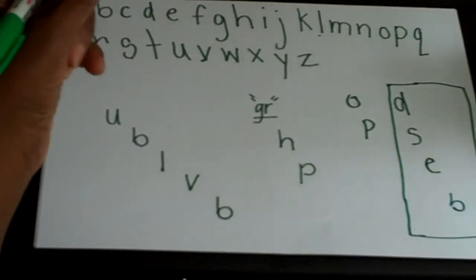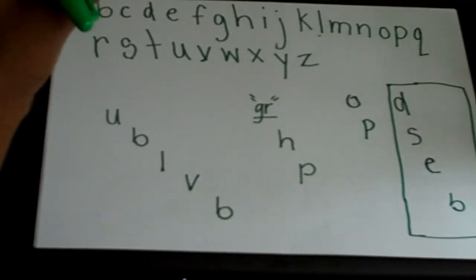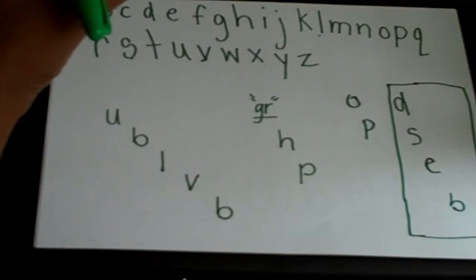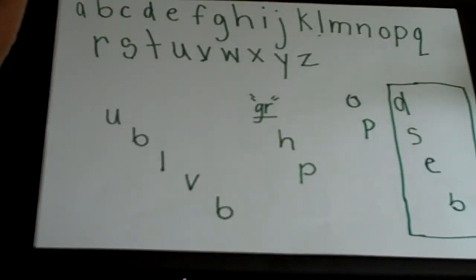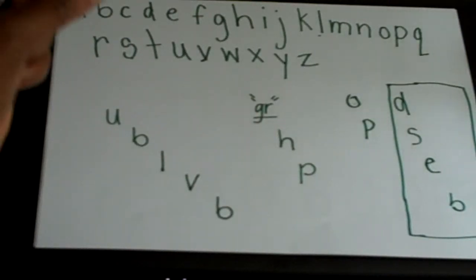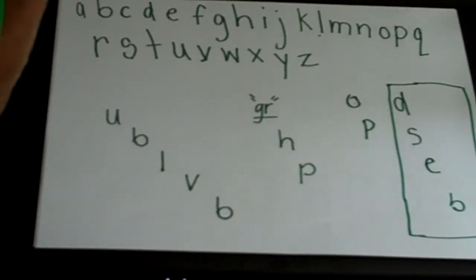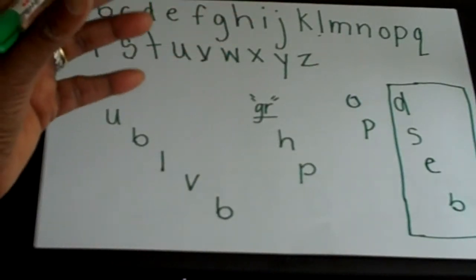They're consonant blends, and then sometimes you put them with vowels, and they're a consonant and a vowel together. Some words you just have to remember. You have to remember it.